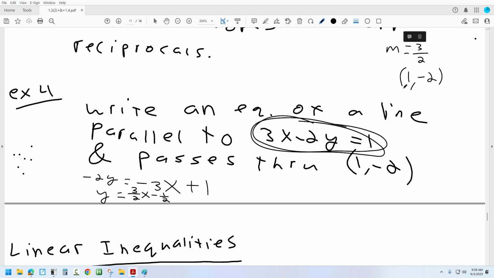So our final answer is going to be y minus y1. y1 is negative 2, so it's y minus minus 2 equals m, which we know is 3 over 2, times x minus x1. There is an equation that is parallel to the one they gave me and will pass through the point 1, negative 2.